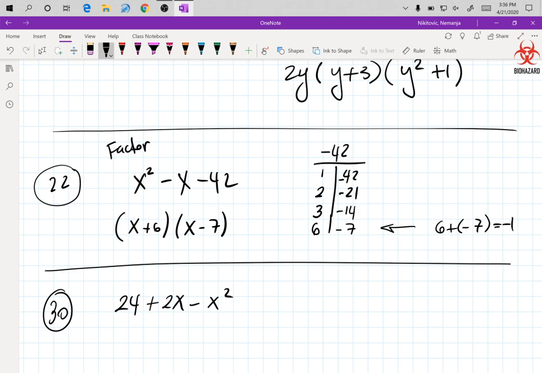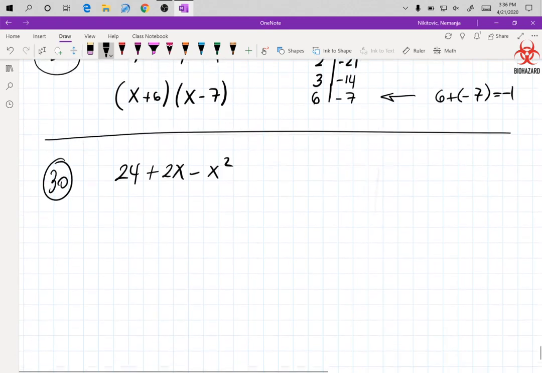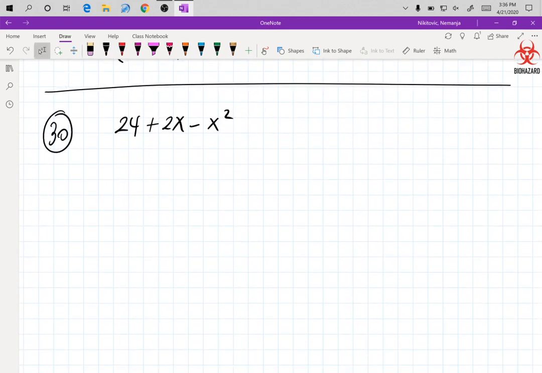The issue with this problem is that it's all done in backwards order, right? You're supposed to have your x squared term, with the highest exponent first. So you rearrange this, and then you run into another problem. And that problem is that it's negative, right?